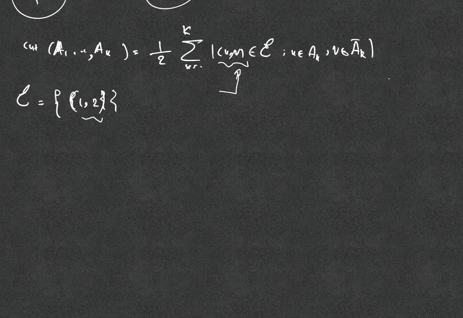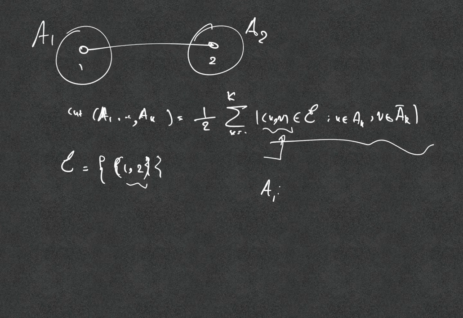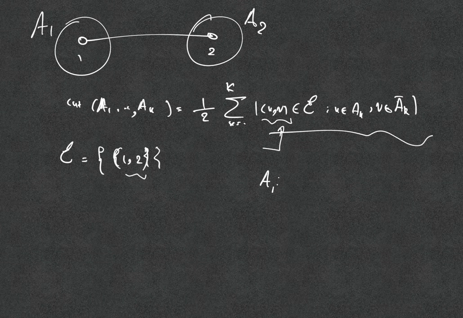Meaning that when you're computing this value for each one of your clusters, when you're computing it for A1, you are considering all of the sets of elements in E in which one of them belongs to A1 and one of them belongs to something other than A1.